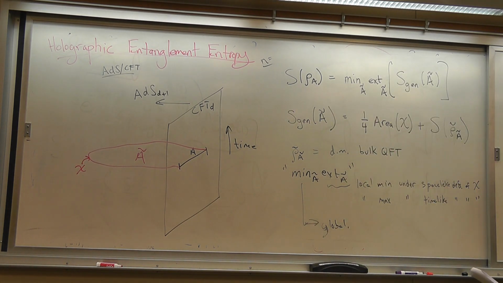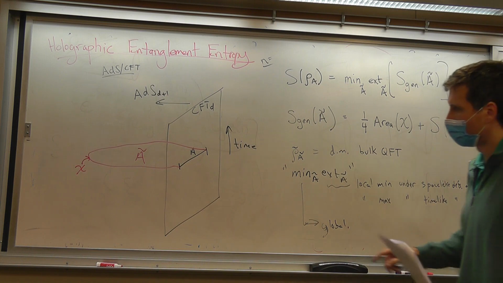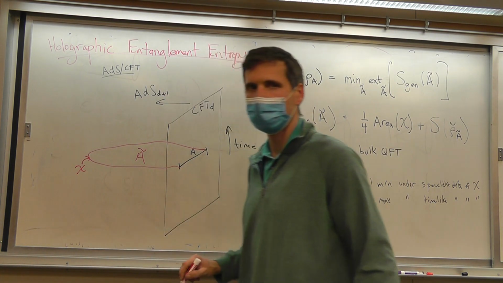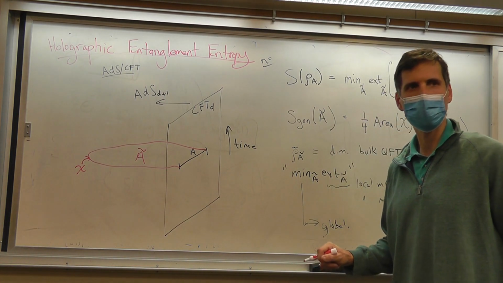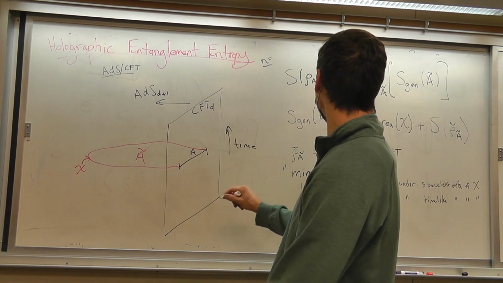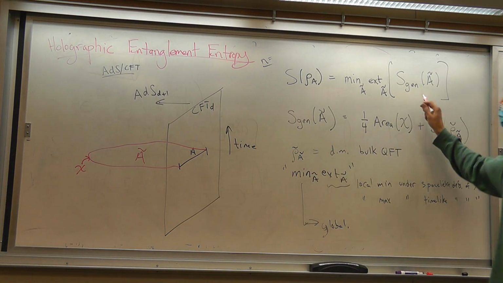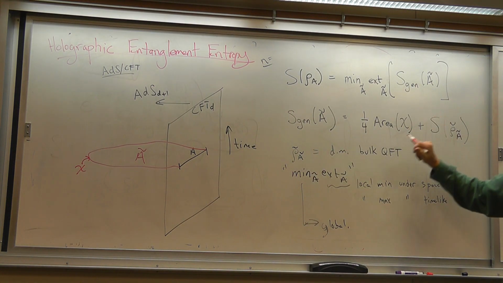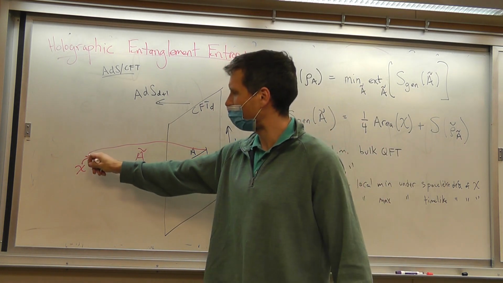When you say it's a time-like maximum, you mean if I take the surface A tilde and I start bending it upwards, literally upwards, then the action will decrease. Well, actually, the calculation of S gen doesn't. It really only cares about chi.